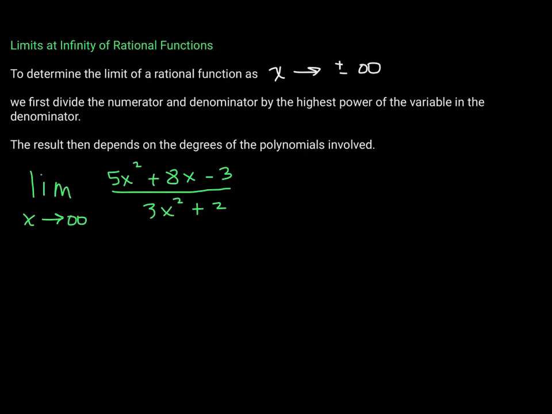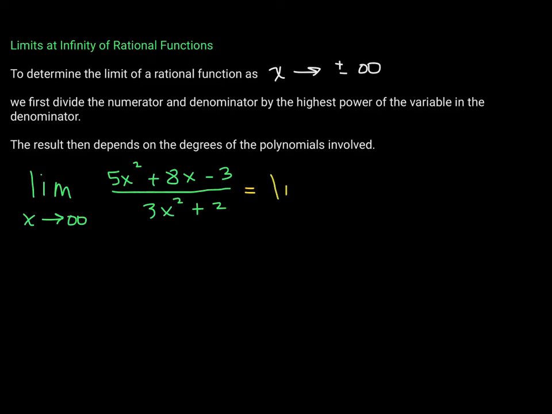here we have the limit as x approaches infinity of this rational function, 5x squared plus 8x minus 3, all over 3x squared plus 2. Now, the largest power of x in the denominator is x squared. So what we're going to do is divide every term in the numerator and every term in the denominator by the same thing, and that is x squared.